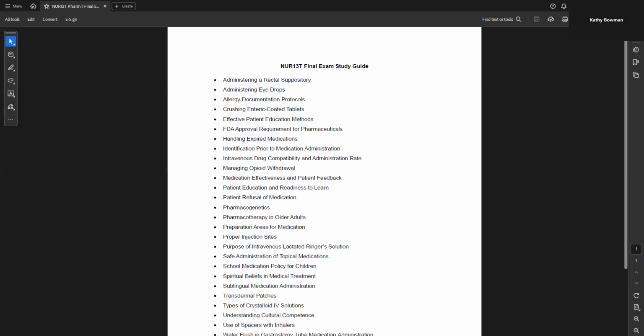Managing opioid withdrawals. Managing opioid withdrawals is actually quite difficult, especially if you are not used to taking care of patients with such. Remember just to recognize symptoms, early symptoms, later symptoms.